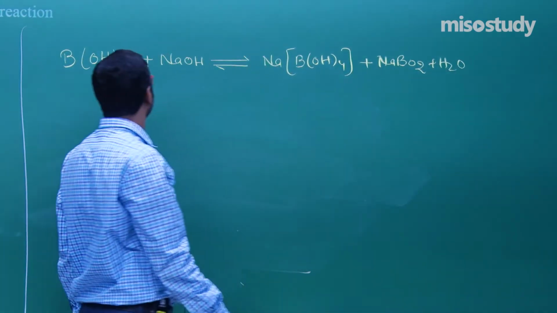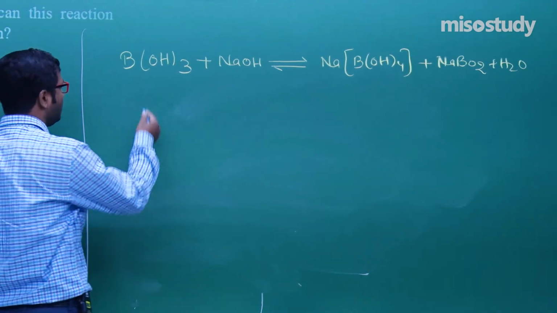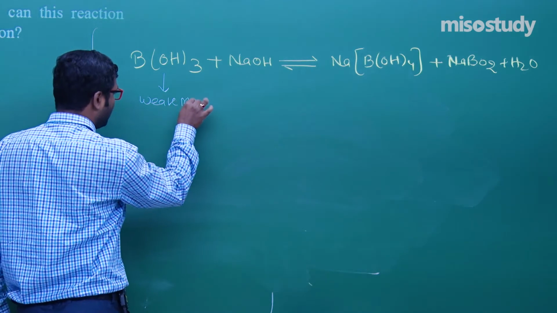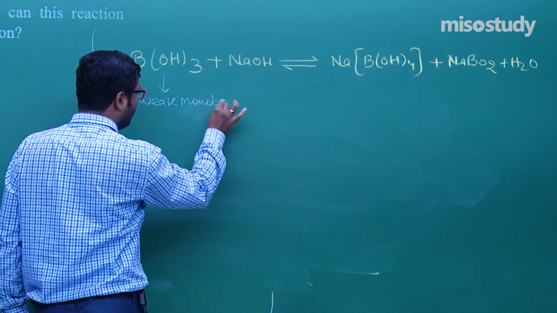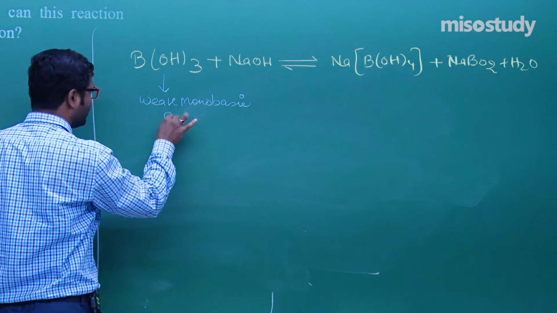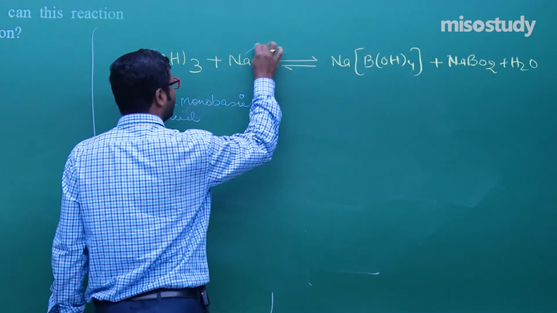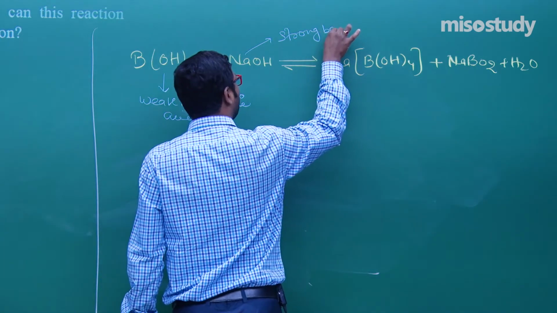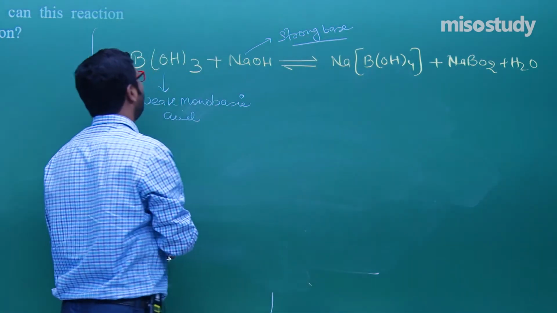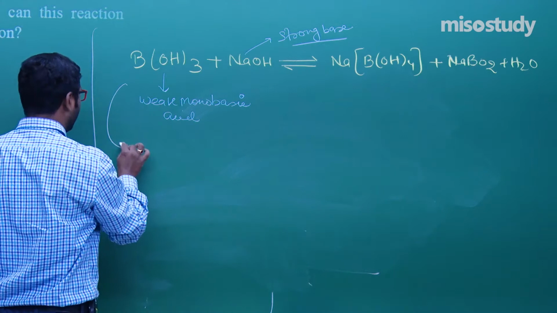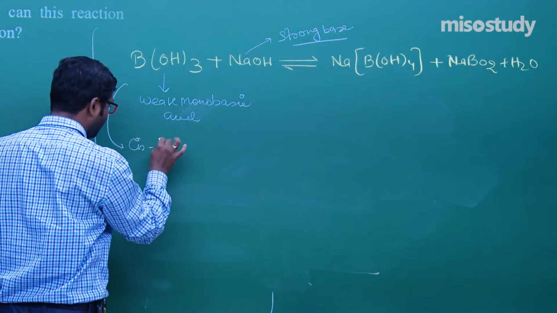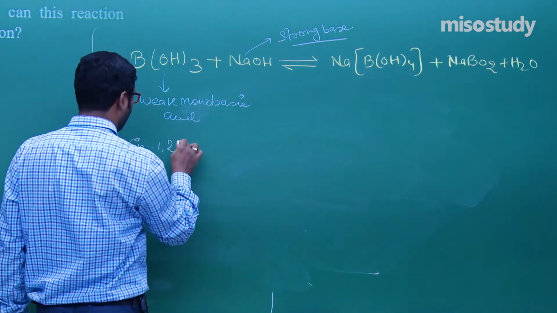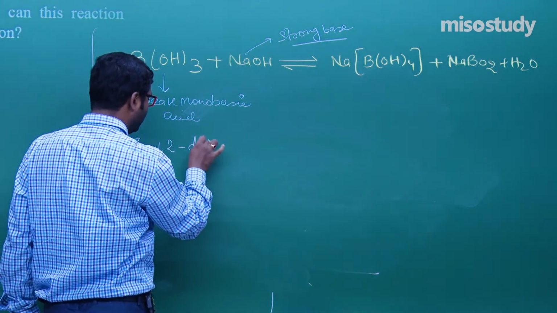Okay, clear. Now this one is a weak monobasic acid, and this one is a strong base. So by the addition of cis 1,2-diol, what will happen in this case?